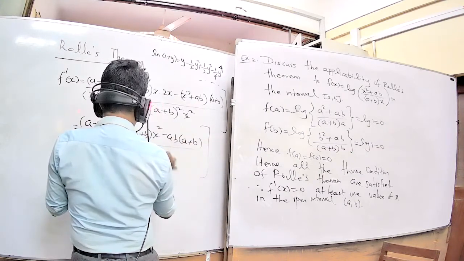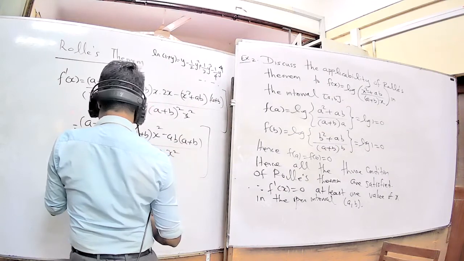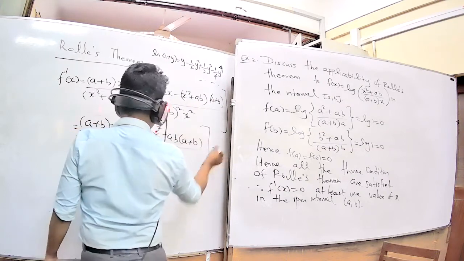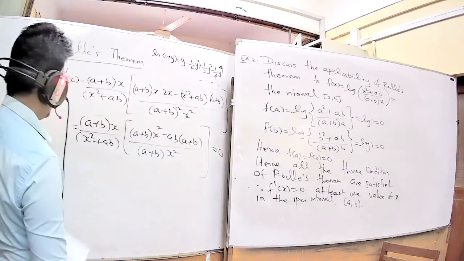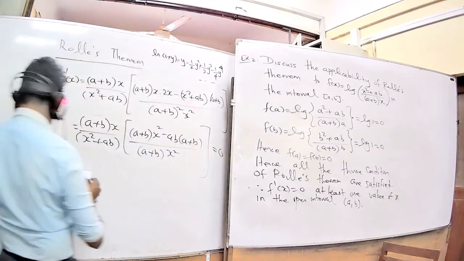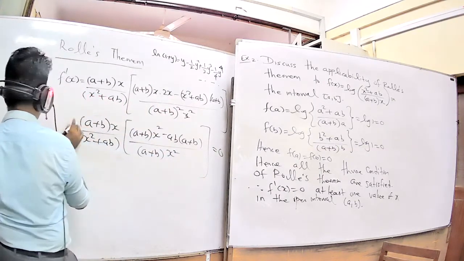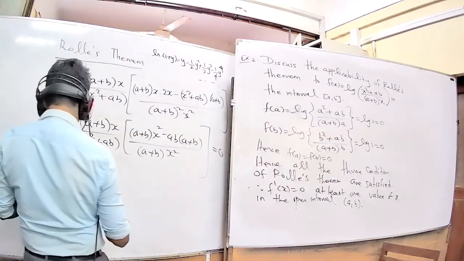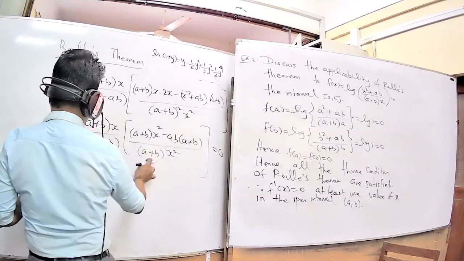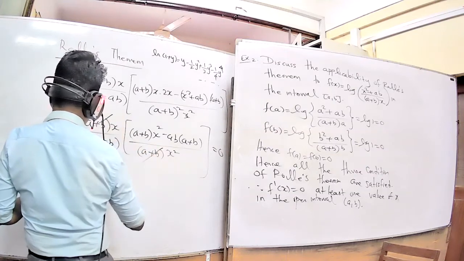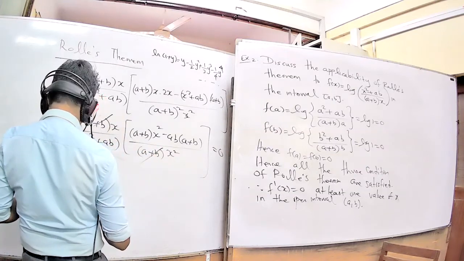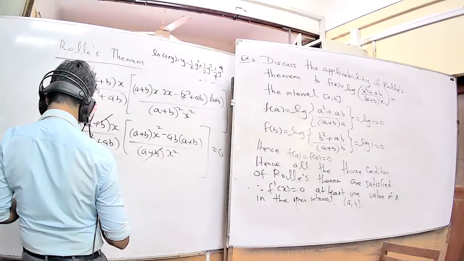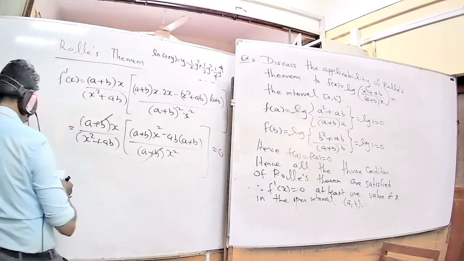Suppose this equals 0, we will get the point x. Then you can cancel this term, since a plus b squared is non-zero.